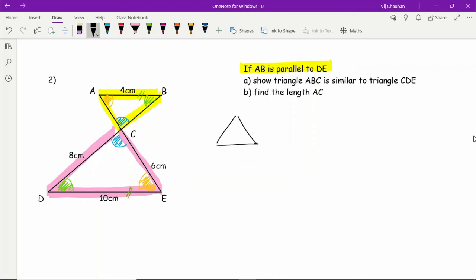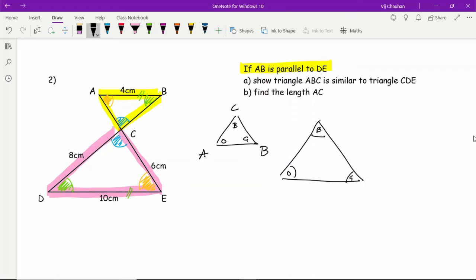So let's draw this with C at the top, and A and B. If I call this orange, this angle is going to be green, and this angle is going to be blue. Then drawing out my second triangle, I'm going to have blue on the top, orange at the bottom on the left, and green on the right.